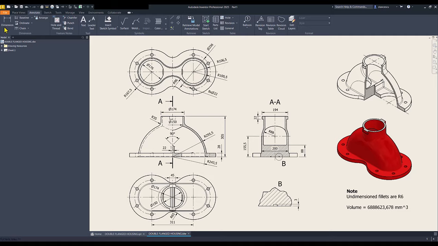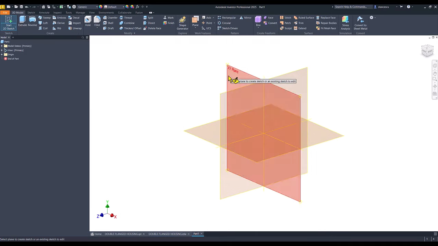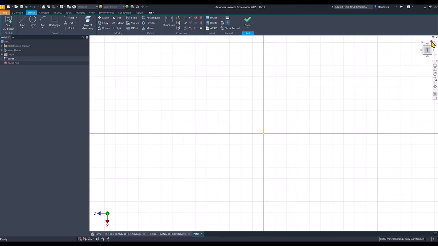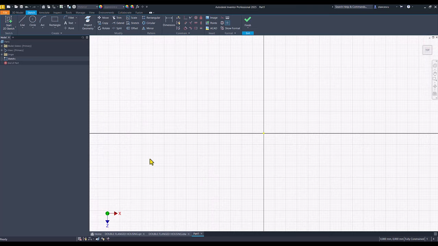Standard millimeters IPT, new plane, new sketch. I select this sketch, XZ with X to the right.